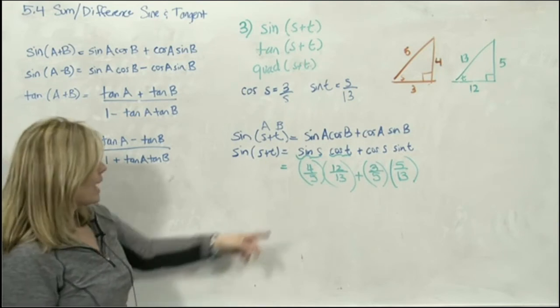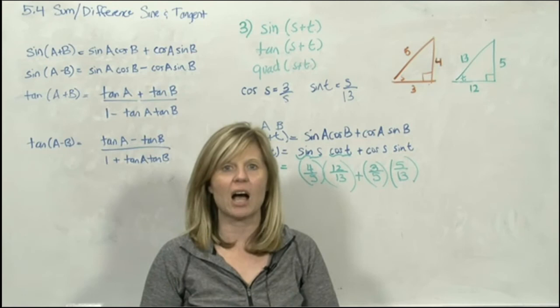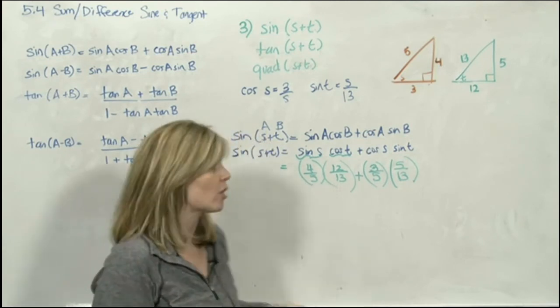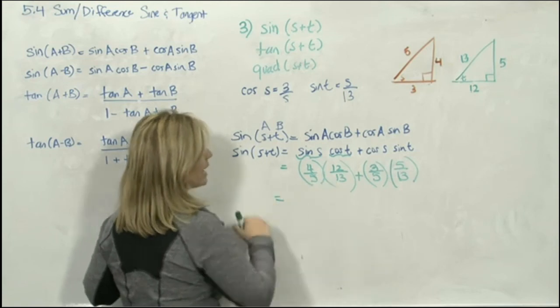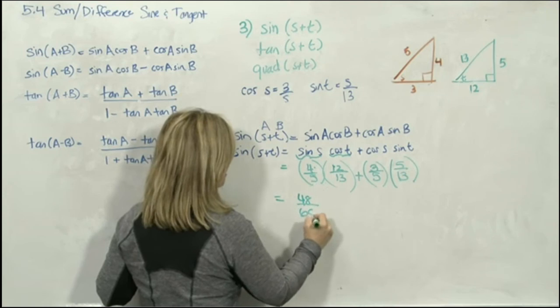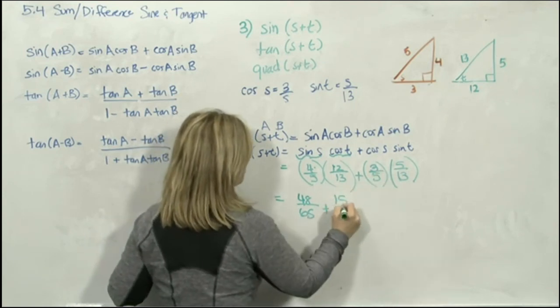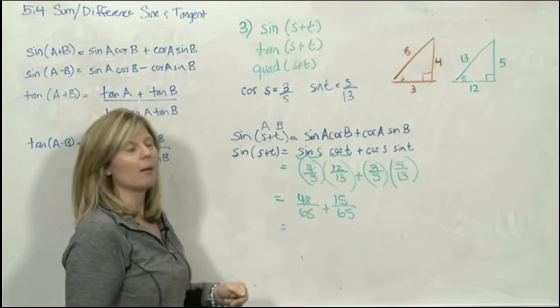So without knowing what angle S and T are, you still can look up the relationship of the two sides to that acute angle using your right triangle. Now it becomes arithmetic. We have fractions connected by multiplication, so we multiply. Top times top, 48. Bottom times bottom, 65. Top times top, 15. Bottom times bottom, 65. Says add. We got a common denominator.